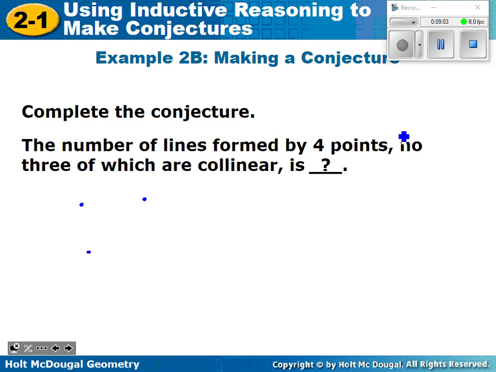Okay, and then we need another point. Doesn't matter where. It just said 4 points. You're supposed to fill in the blank. The number of lines formed by 4 points is what? So you decide, how many lines do you think you can form out of those 4 points? Or any 4 points, as long as you don't have 3 in a row.